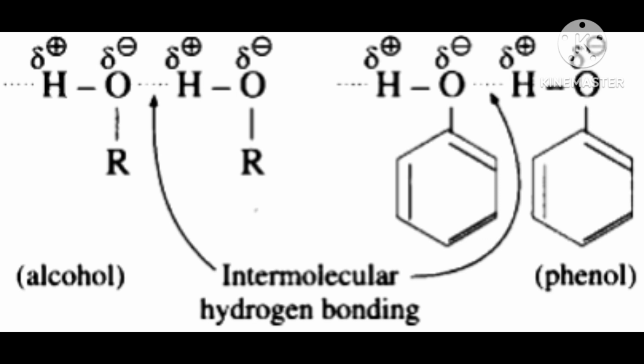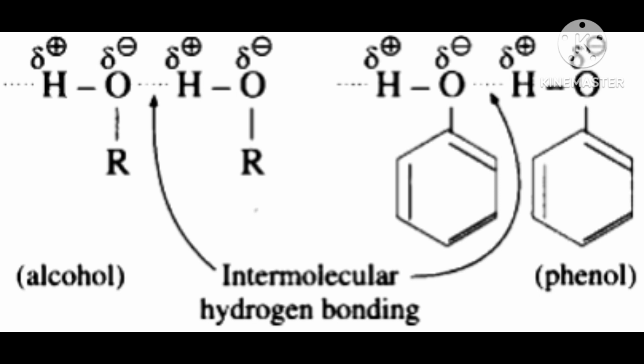The OH group in alcohol and phenol is involved in intermolecular hydrogen bonding. Suppose C2H5 is there, OH is there, another C2H5 is there, and that also has OH.